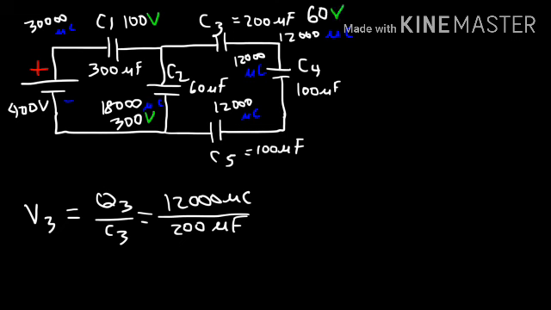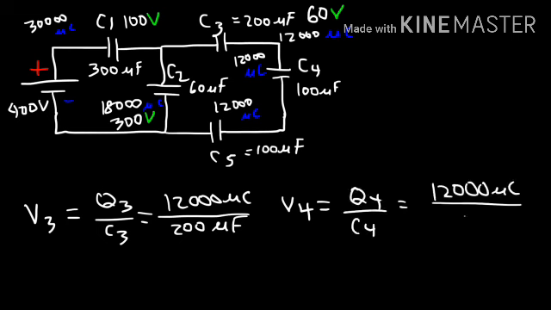Now the voltage across C4 is going to be Q4 divided by C4. So the charge is the same as 12,000, but this time we're dividing it by 100 microfarads. Because there's less capacitance, the voltage will be greater. So it's 12,000 divided by 100, and so it's going to be twice the value of this capacitor. So it's 120 volts.